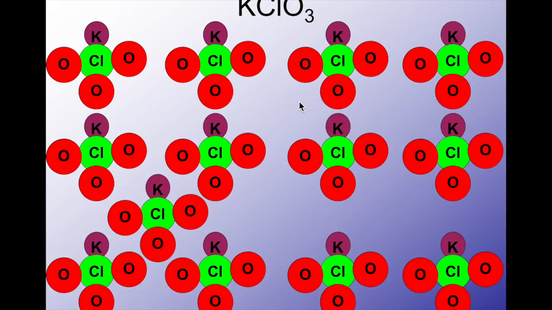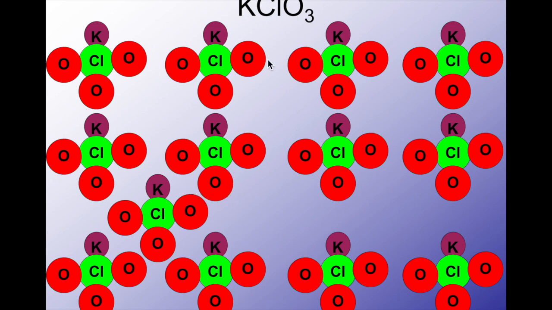And even if I go something like this, again, I have potassium chlorate, so I have 1 to 1 to 3. And if you count all the potassium chlorates I have on here, I have a total of 13. And if you're familiar with this term here, 13 is sometimes called a baker's dozen. So if I have a baker's dozen of potassium chlorates, I'm going to have 13 potassiums. If you count them here, I have 13.